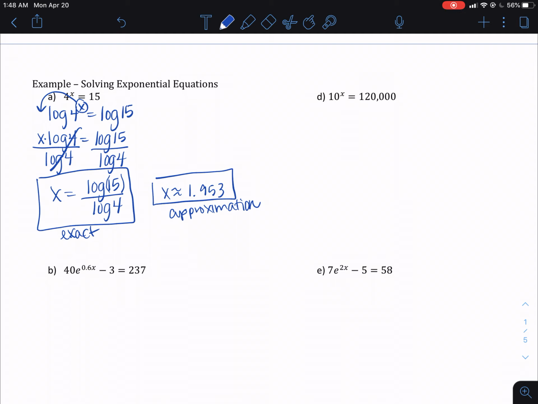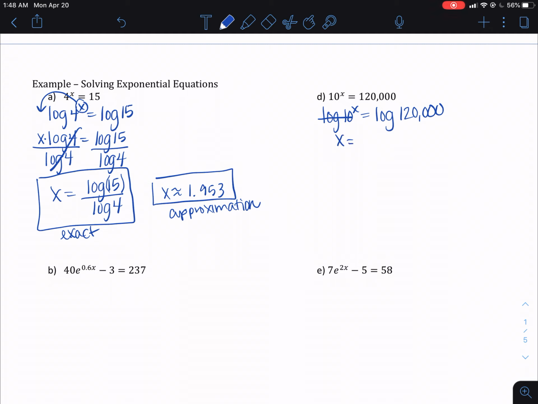Alright, so looking over at D, this is when log really comes into play. We have 10 to the x power equals 120,000. Since we have base 10, when we take log of 10 to the x power equals log of 120,000, we have a rule that said log base 10 of 10 to anything is just going to cancel and leave us with our exponent.